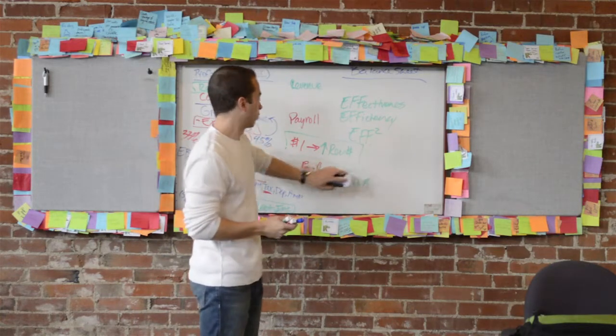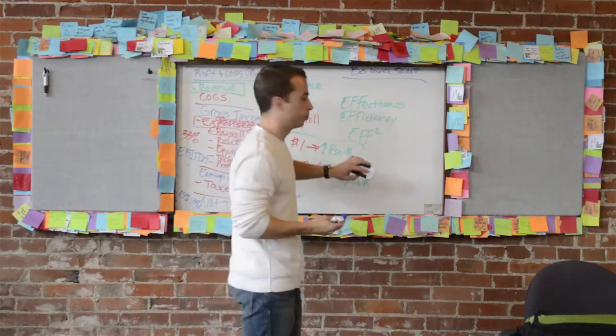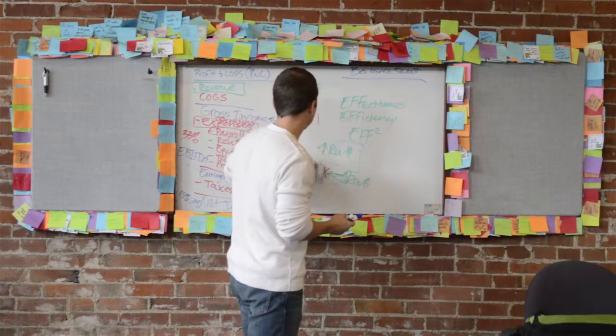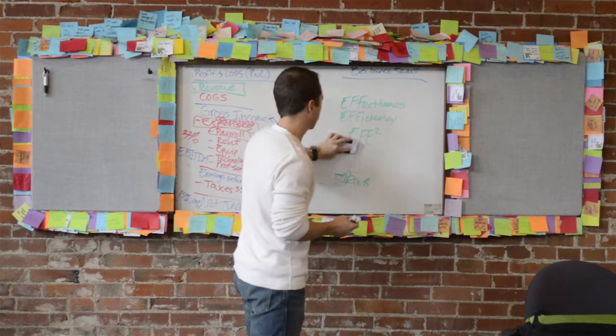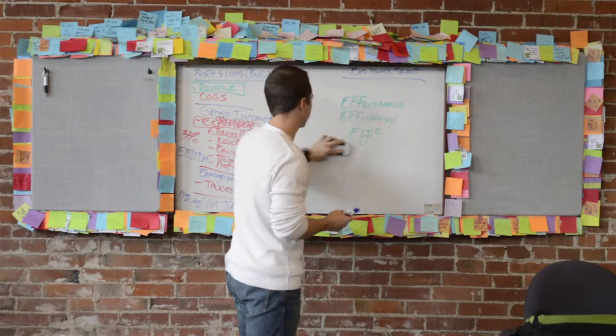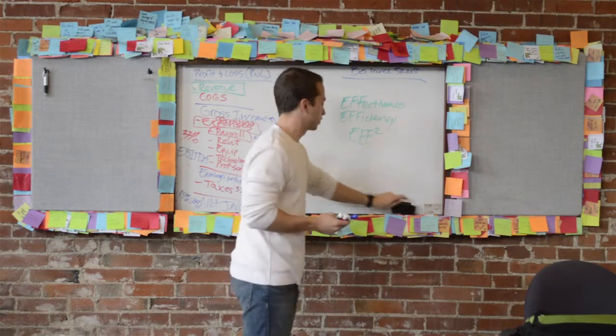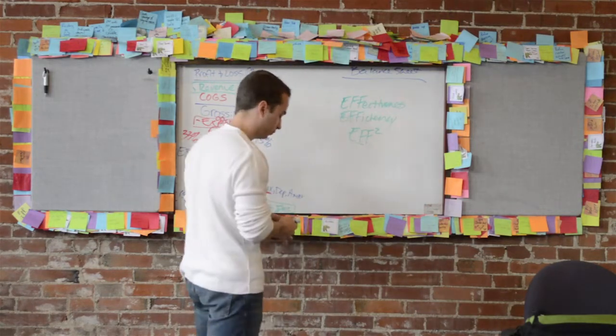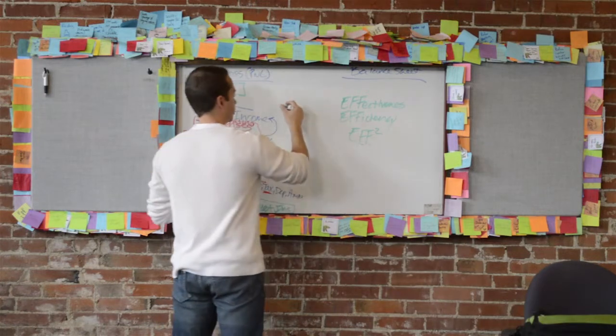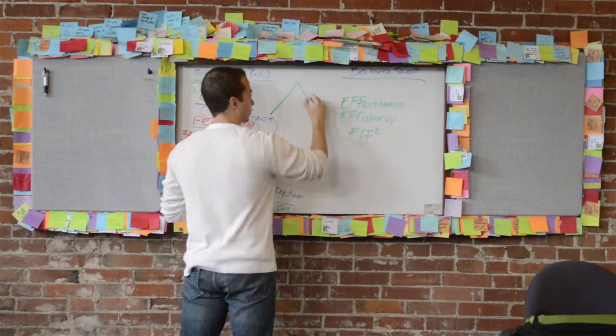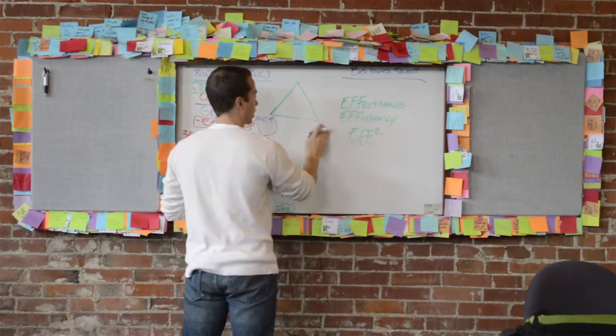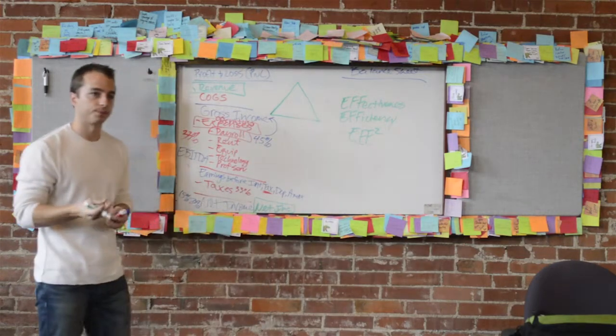Mm-hmm. So what I was trying to work on, Ben saw me earlier, was a geometry lesson to show how this works. And I couldn't get the full ratio going, but we've talked in the past about pyramid growth, right?